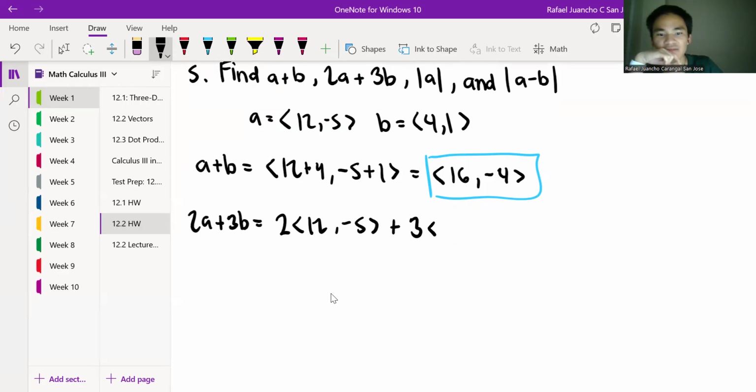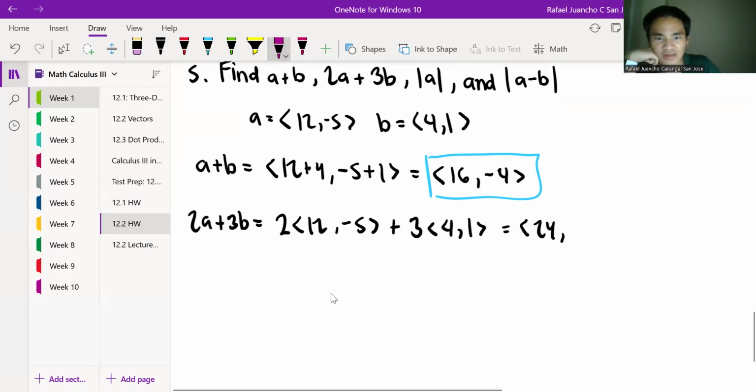Then I add it to 3 times the components of B. And so I get something like 24, because I'm multiplying it here, -10, plus 12, 3.